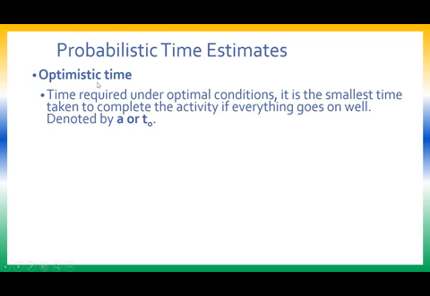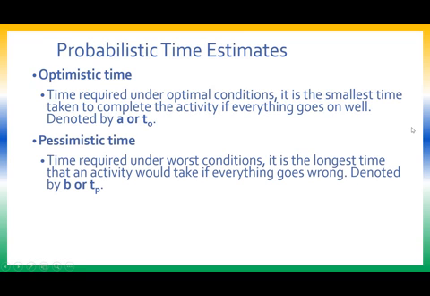Then we call it the optimistic time. It is the smallest time required for the activity to get over. We denote this estimate as either A or TO, time optimistic.